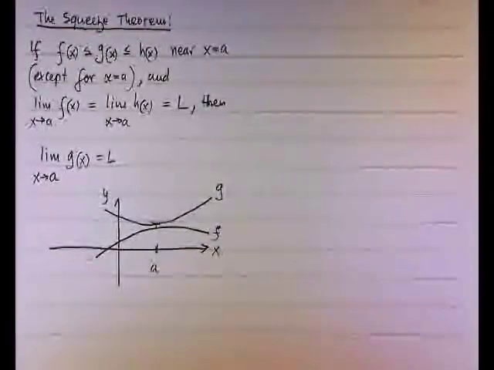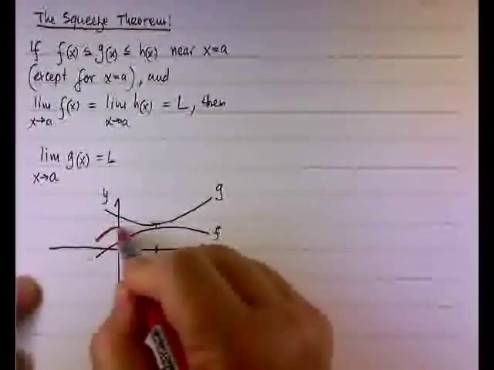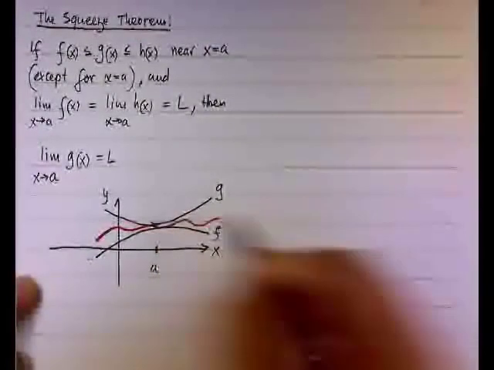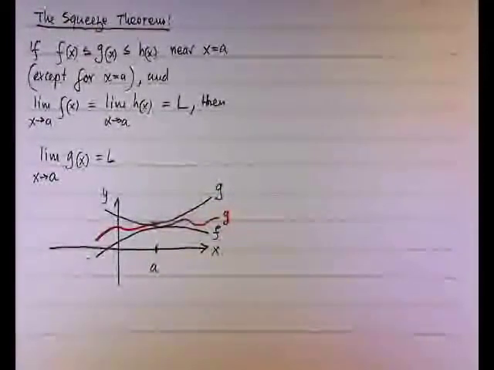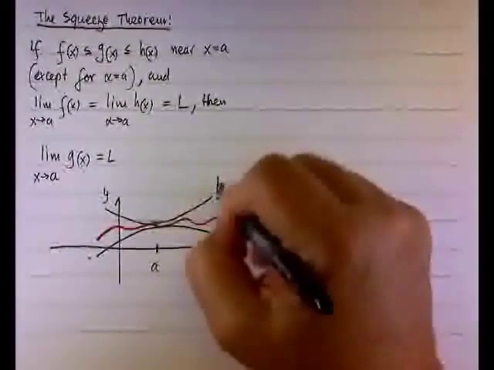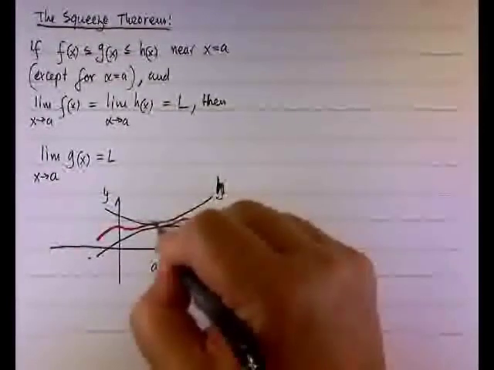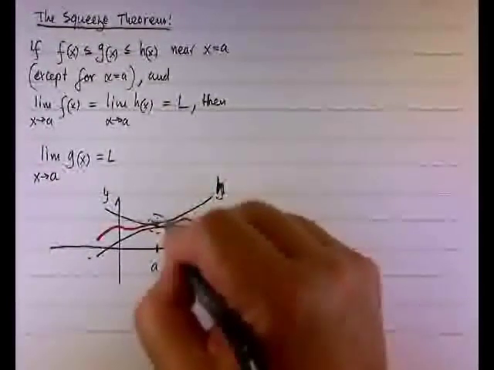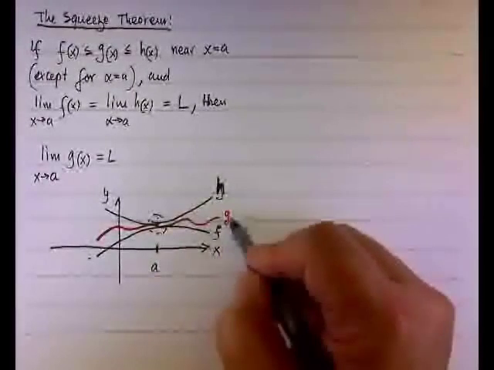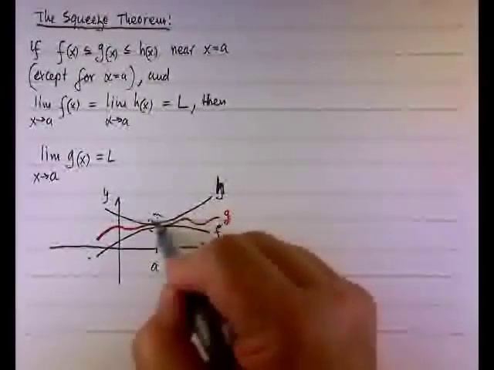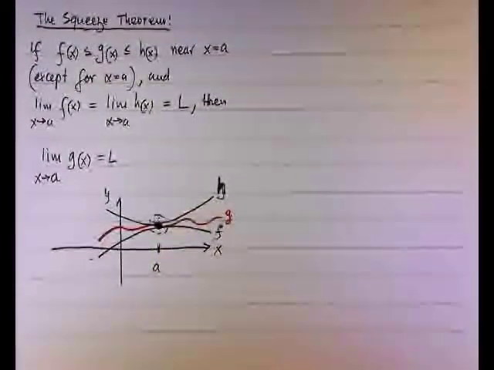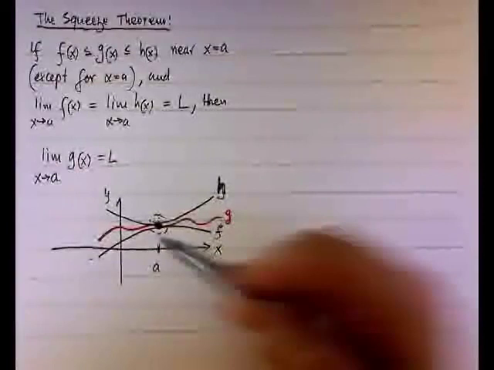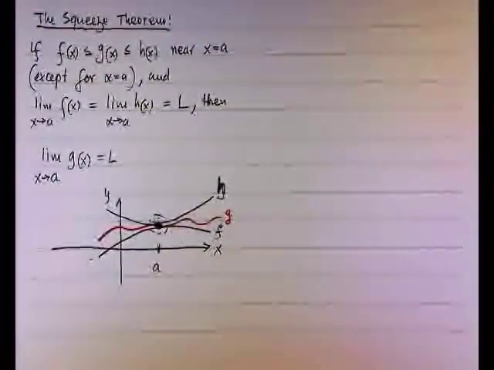And in between, there is a third function that may do all kind of crazy stuff like this. I'm sorry, this is h, this is g, the middle function. Okay? So this is h. And you see right here in this area, h is greater than g and g is greater than f, but the limit is the same. Now, the function may not exist, so we may have a hole here, but the limit does exist.